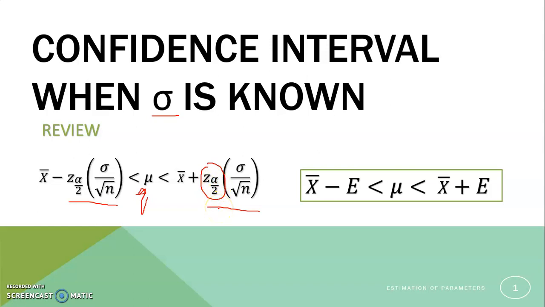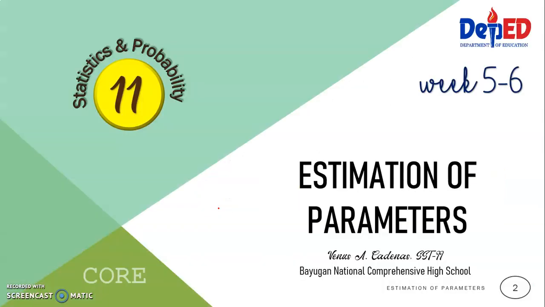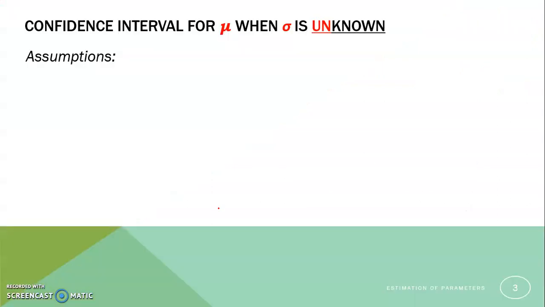Now let's proceed. Let's continue our discussion sa estimation of parameters. So this topic covers the topic for week 5 to 6. So, there are instances also nga ang atong population standard deviation is dili siya given. And you are going to estimate for the population mean, which is mu. So, this is now the time that we are going to use the T distribution or the T statistic.